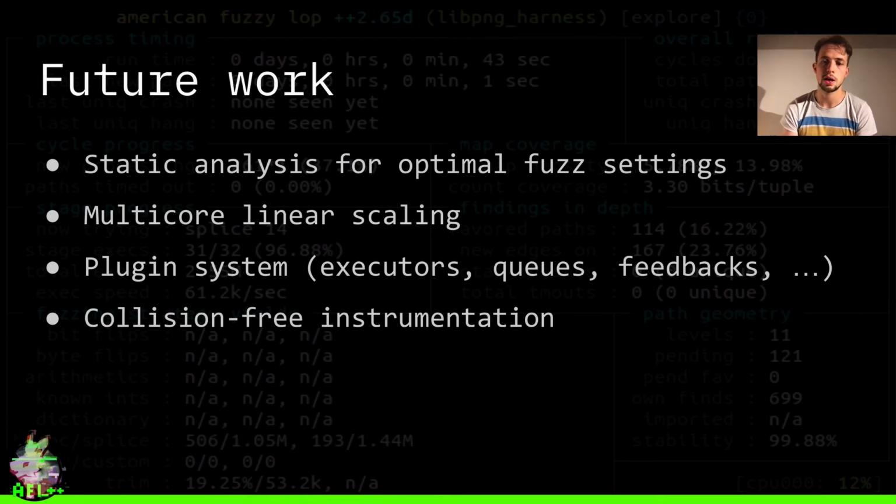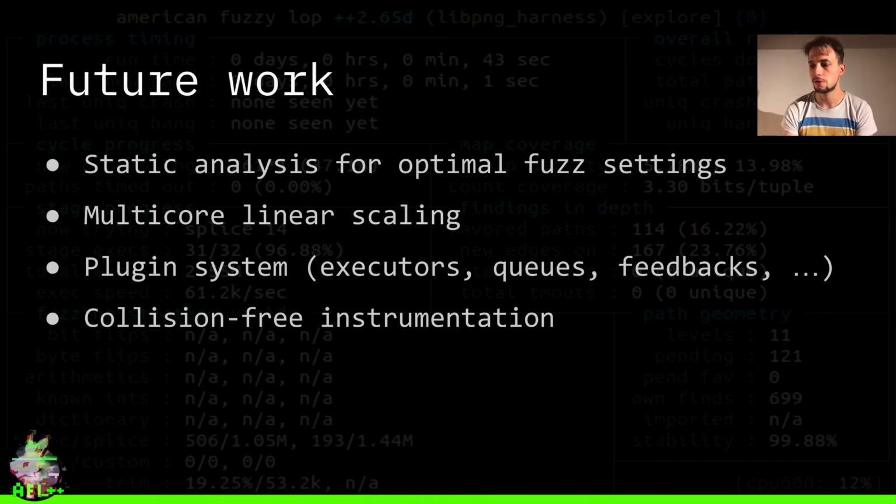And we have a plugin system coming up that not only allows custom mutations, but allows you to implement your whole fuzzer using our little building blocks. Lastly, we are working on a novel instrumentation method that is completely collision-free.